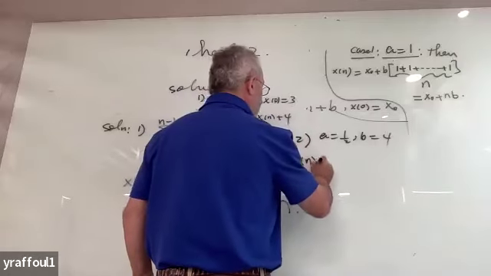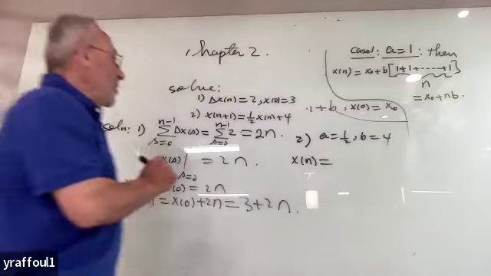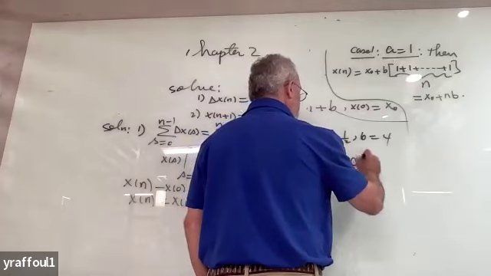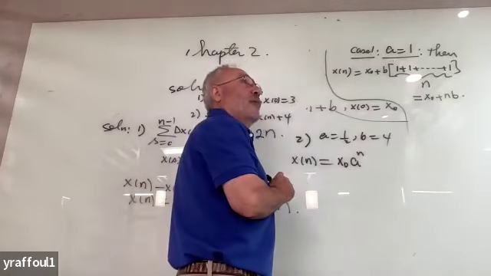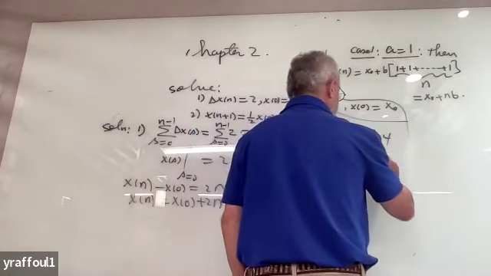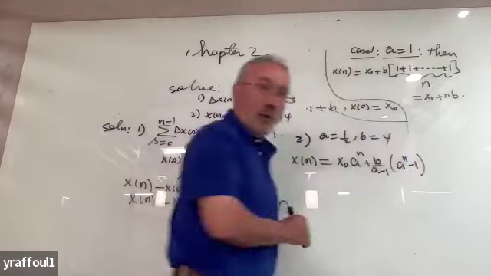So what is xn? Let's apply the formula. I'm going to rewrite the formula for you again: xn is x0 a to power n plus b over a minus 1, a to power n minus 1.